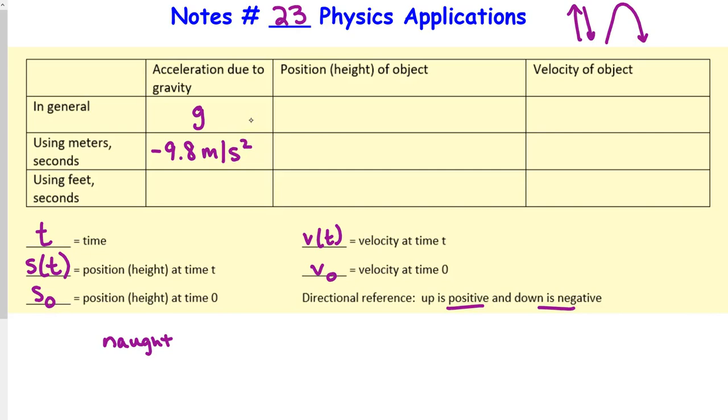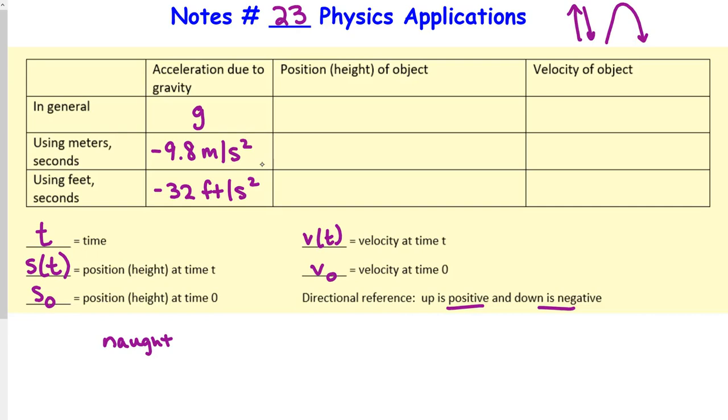And if you're working in feet and seconds, the acceleration due to gravity we'll use is negative 32 feet per second squared. It's negative because it's a downward force, and remember we said down is the negative direction. Alternatively, a person could do these problems using positive numbers there if you consider down the positive direction. I think we should try to do it the same way for the sake of simplicity here in this class.